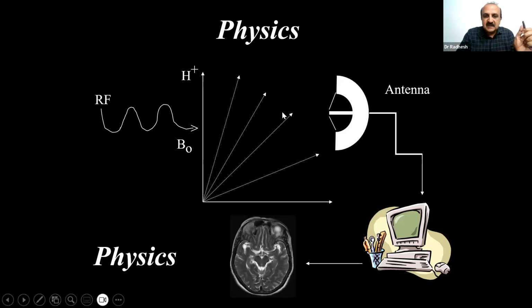Now, this is the signal coming out, the antenna is picking it up, putting it to the computer, which transforms it into shades of gray, and that is how you get an image.